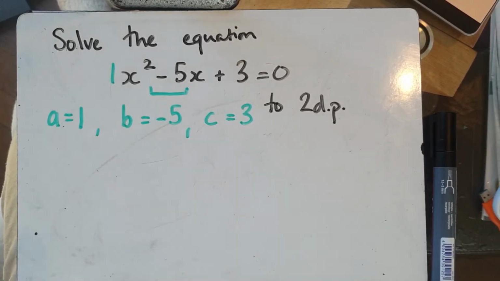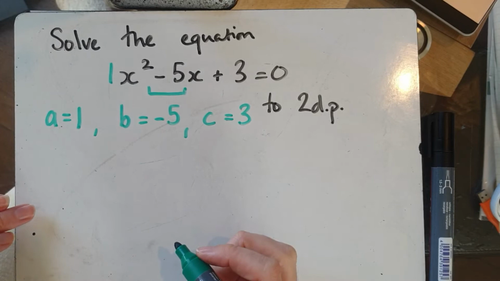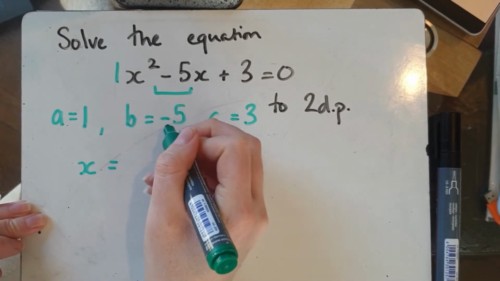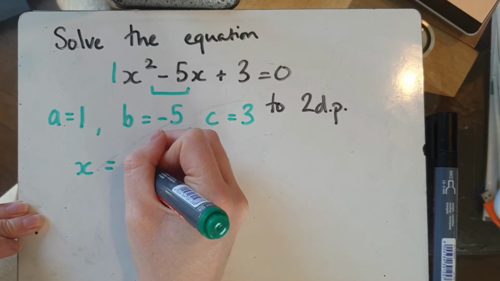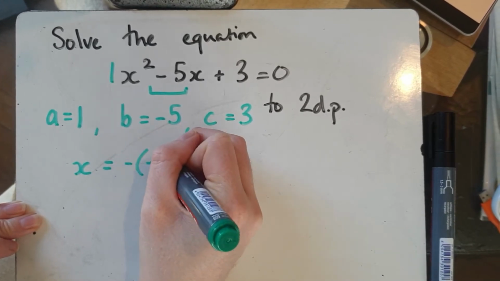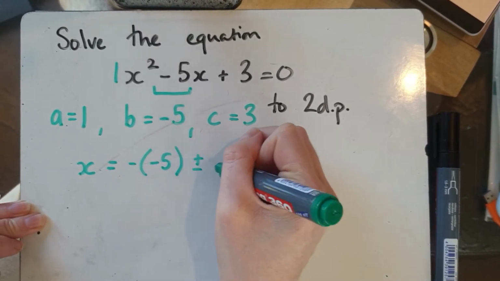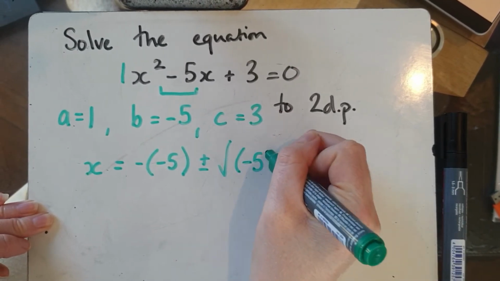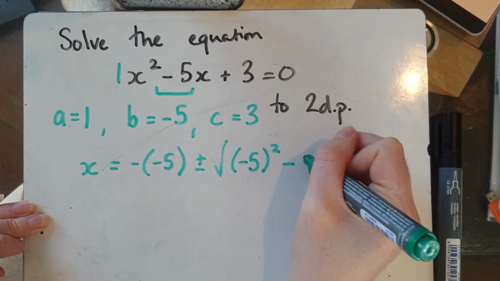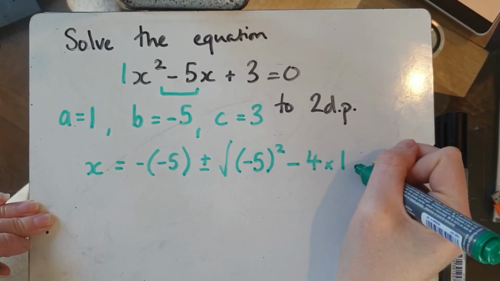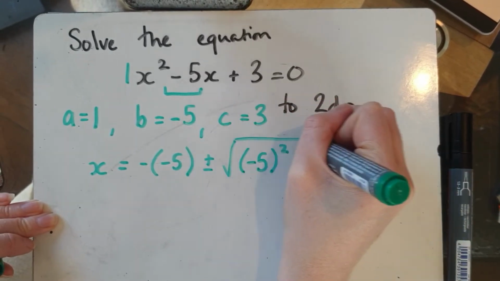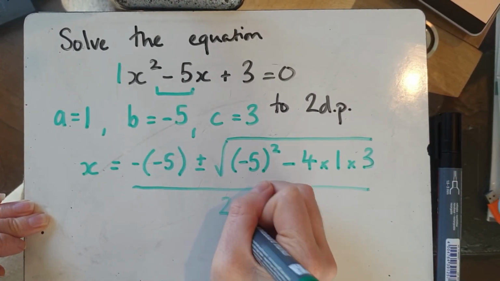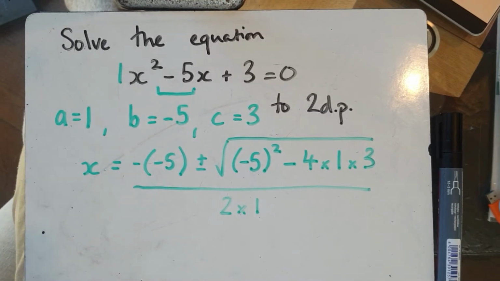When we plug this into the quadratic formula, that means we're going to get x equals minus b, so minus negative 5, plus or minus the square root of b squared minus 4ac, all over 2a, so 2 times 1.